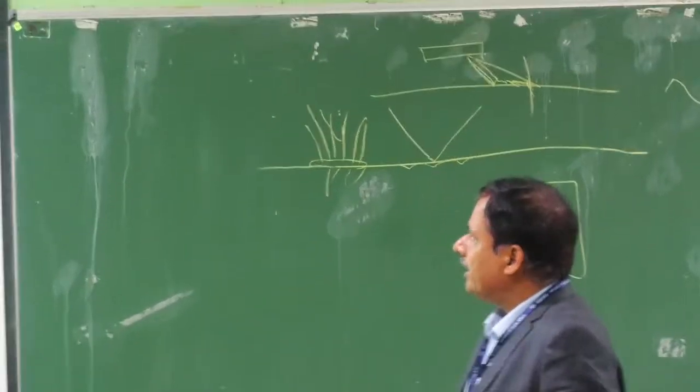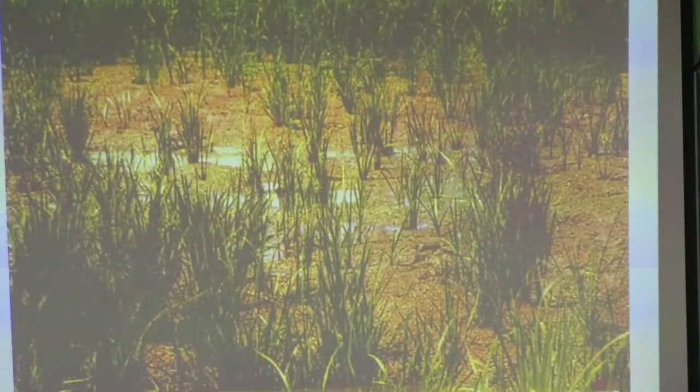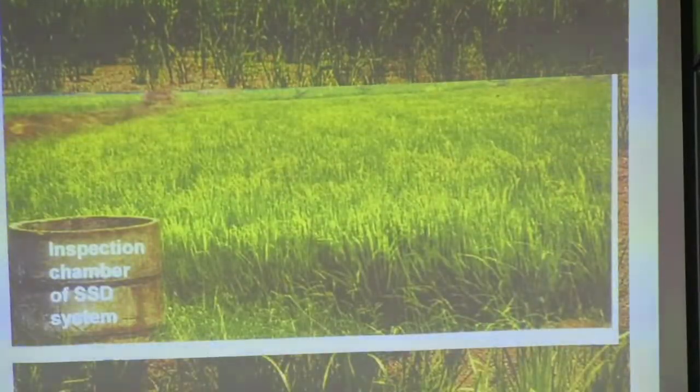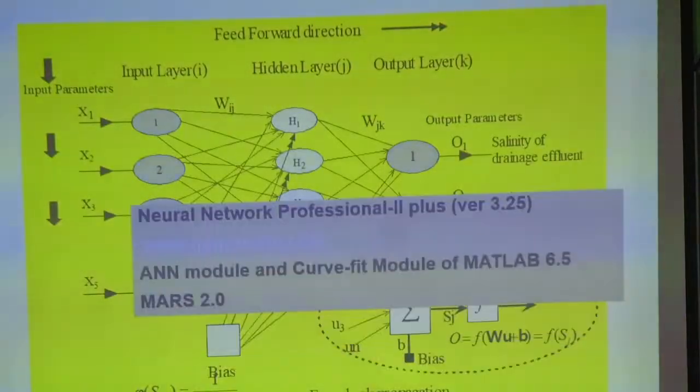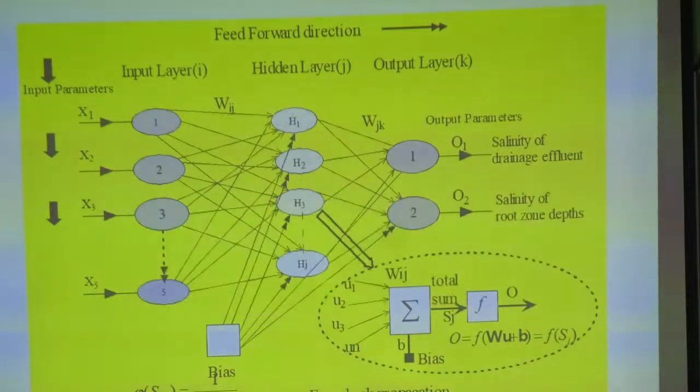On the drainage also, in agriculture field drainage also, we applied the neural network to find out what type of drainage activity we can do, so that we can remove the excess water in the field. This was the before and after things we did. And then these are some of the structures of the artificial neural network we did for the hydrological modeling to predict the surface runoff, sediment.